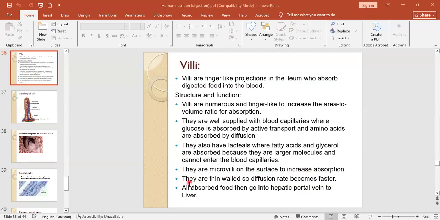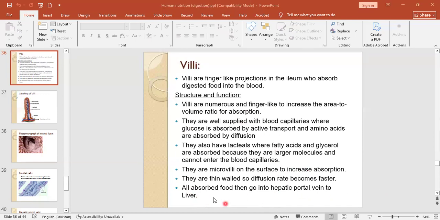Next point, they are thin walled. They are one cell thick, made up of only one layer of cells. Why? To increase the surface area to volume ratio as it decreases the distance. And all the absorbed food then goes via the hepatic portal vein to the liver.